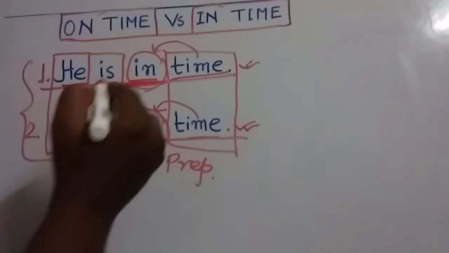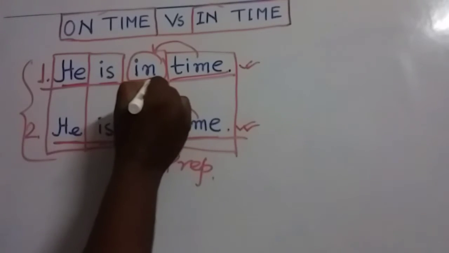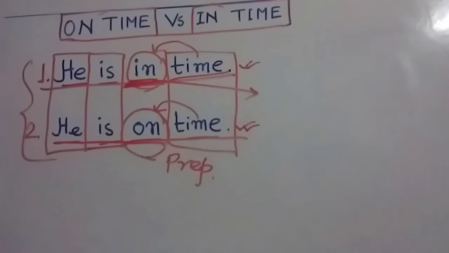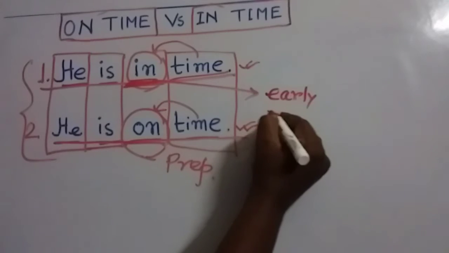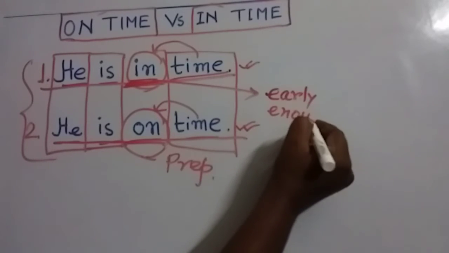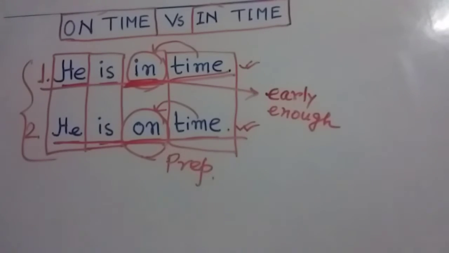First of all, this one, "he is in time," means early enough. Friends, try to understand the difference in meaning.